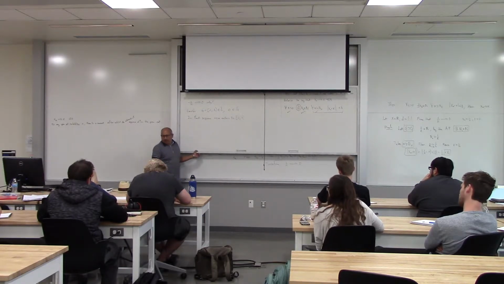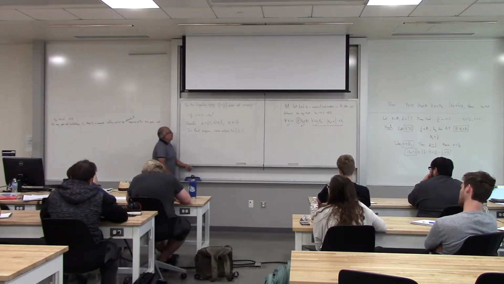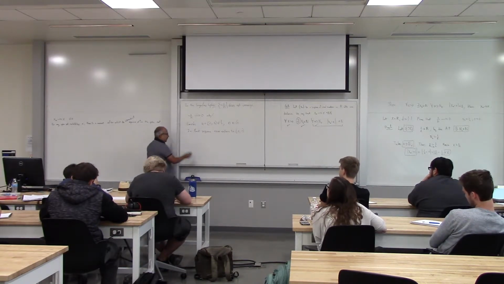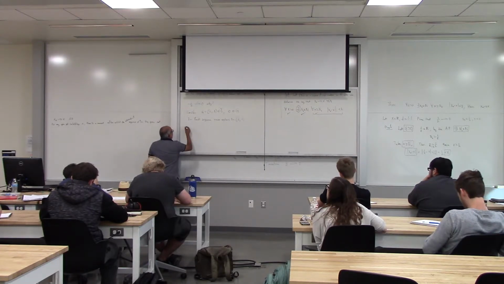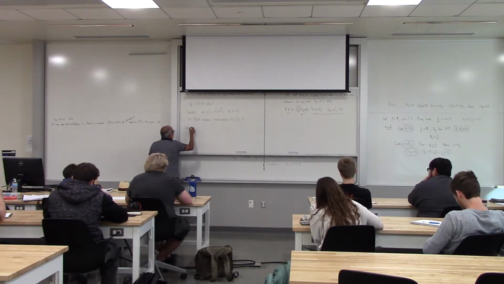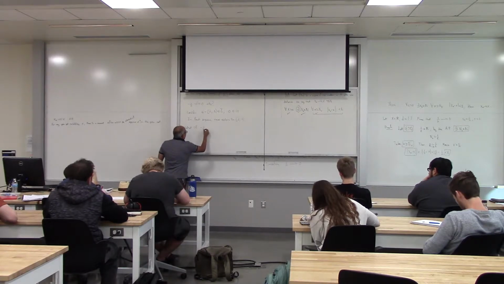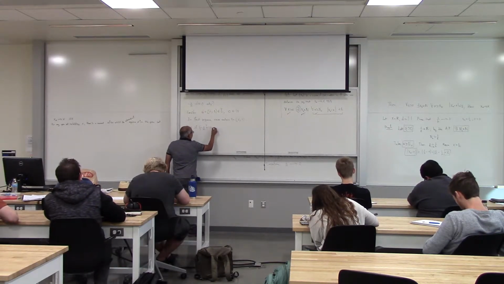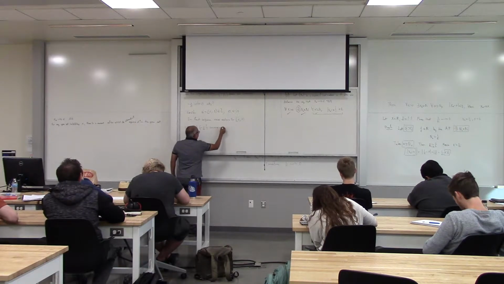So you may say, well, Professor, it doesn't converge to 0, but what if it converges to something else? You see, that's a good question. So, but what if negative 1 over n converges to something else?